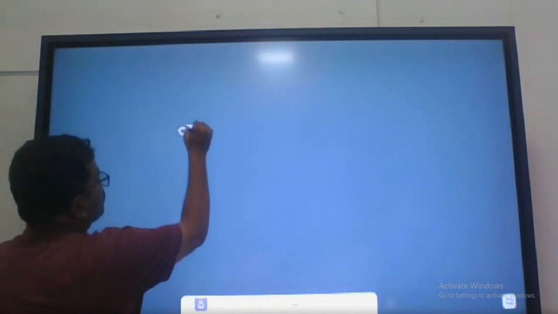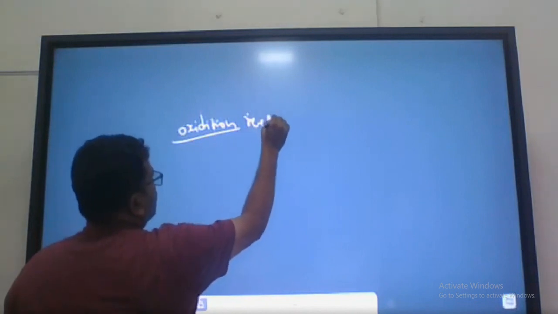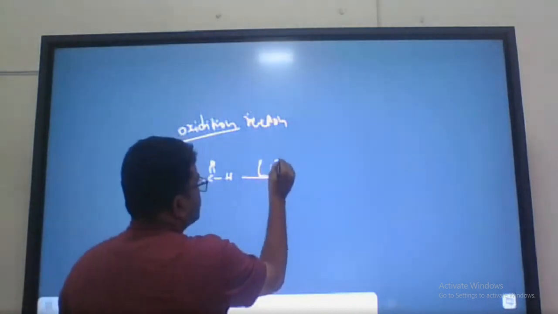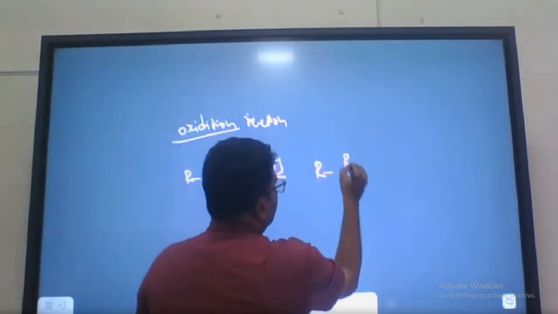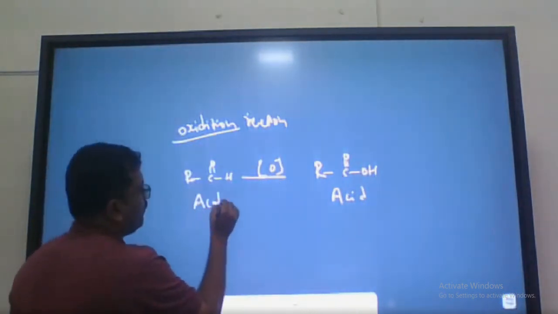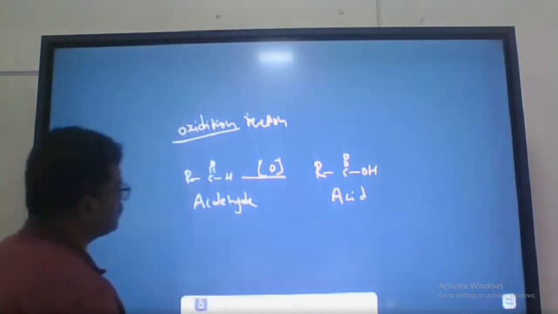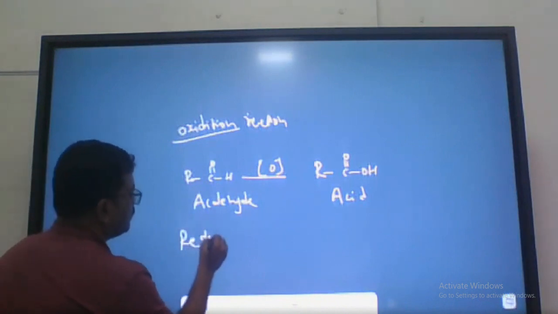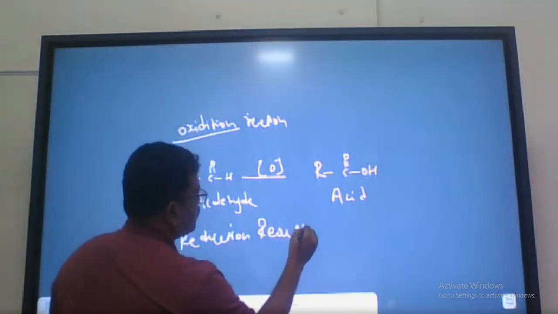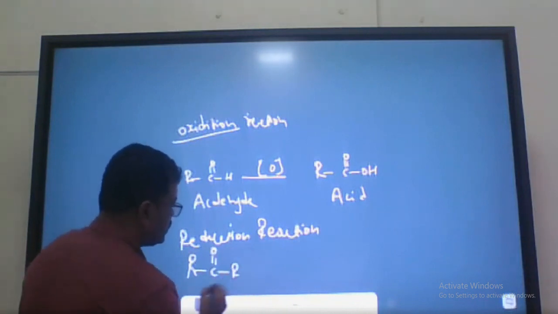Next to addition reaction, they undergo oxidation reaction. So what happens? Aldehyde undergoes oxidation reaction to give acid, and it even undergoes reduction reaction. See, for example, this is ketone.